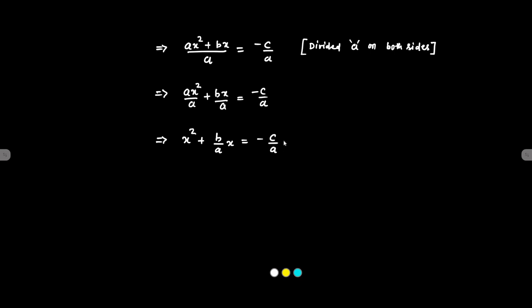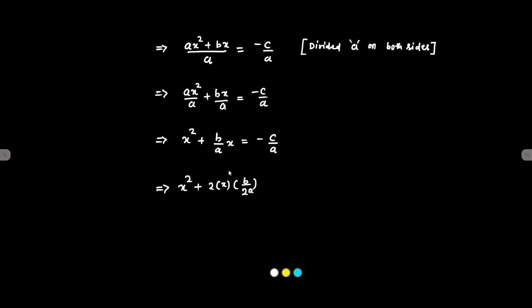Now let us write this as x square plus 2 into x into b by 2a. So if we write this b by a x as 2 into x into b by 2a, it is the same thing.